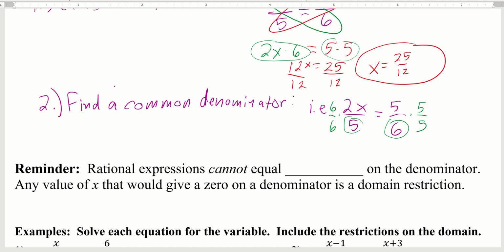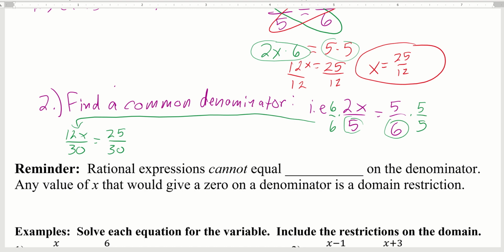I'll bring it back over to this side because I ran out of room. So I multiply the top, and I get 12x over 30 is equal to 25 over 30. We talked about this in previous sections, but now with fractions, if you have the denominators being the same, I just need to make the numerators equal to each other and solve for those.